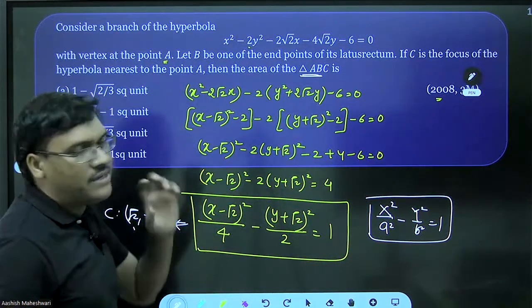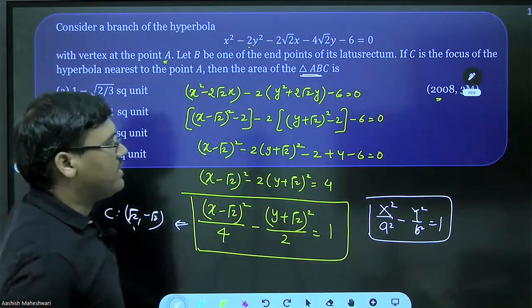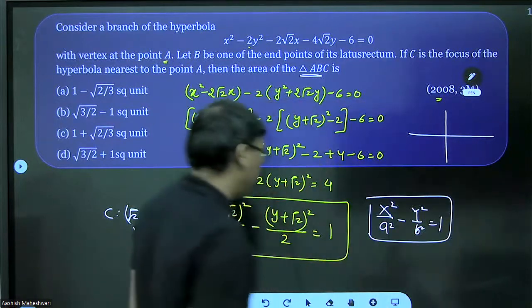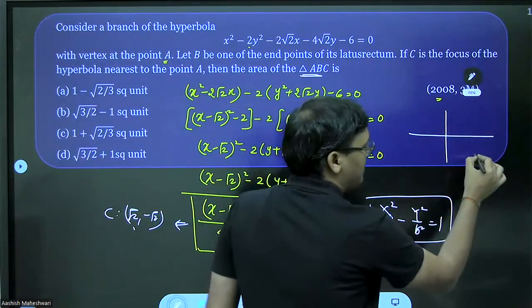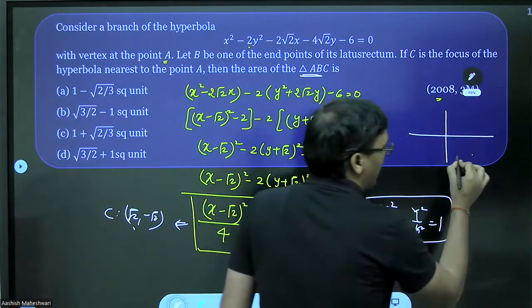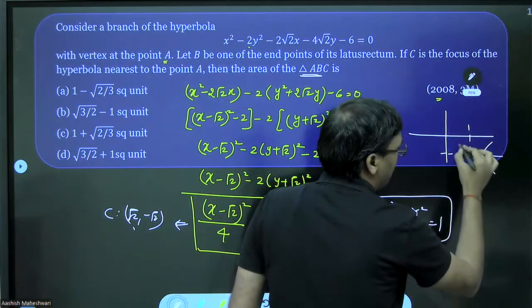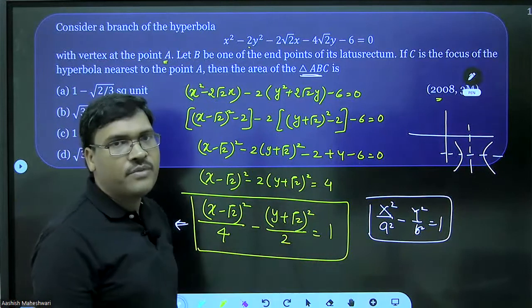अब देखो ultimately you have to just find the area. Again, if you just check this carefully, center is at root 2 comma minus root 2, मतलब यहाँ पे कहीं है इसका center. तो ये जो hyperbola होगा, it will be something like this, ऐसा कुछ hyperbola होगा और इसमें कुछ triangle ABC हमको बनाना है, वो we will see.